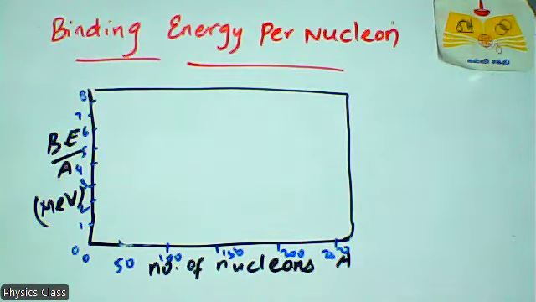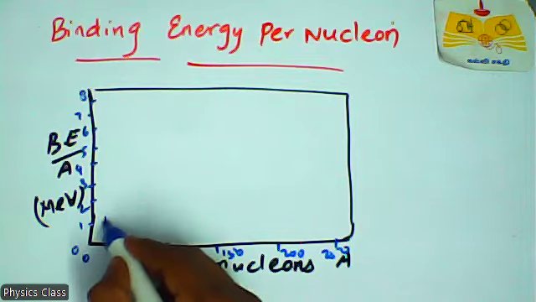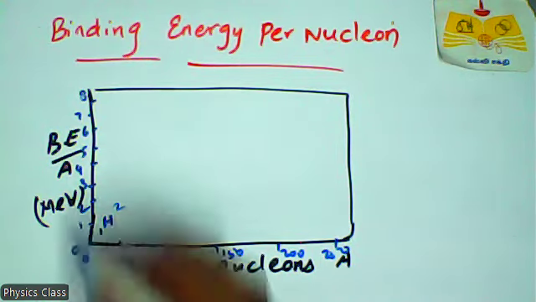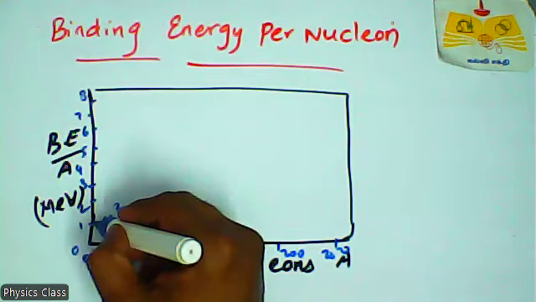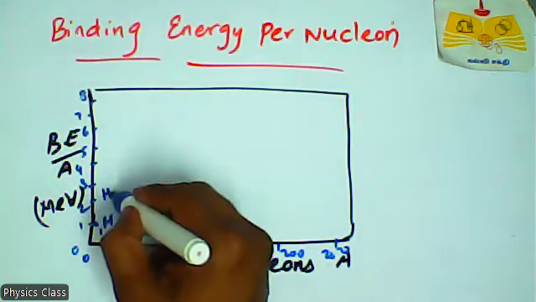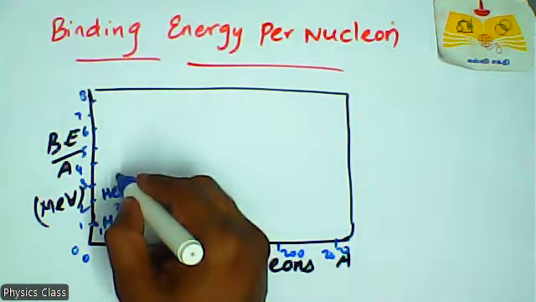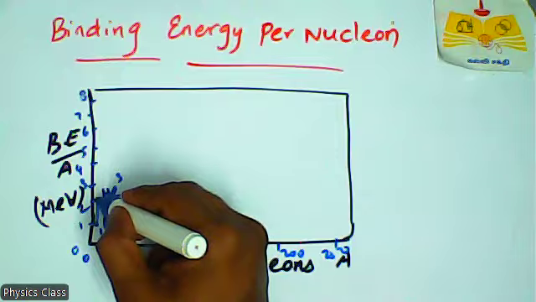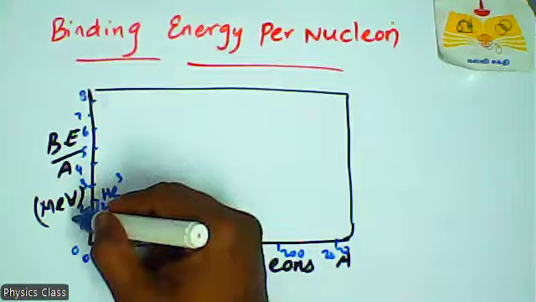For a hydrogen atom, it is H-2, 1. The graph starts here. For helium-3, 2, it goes like that.